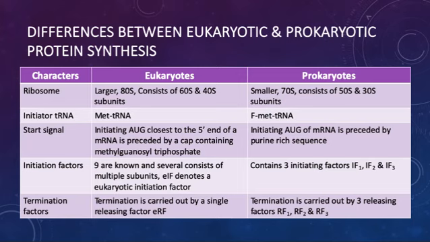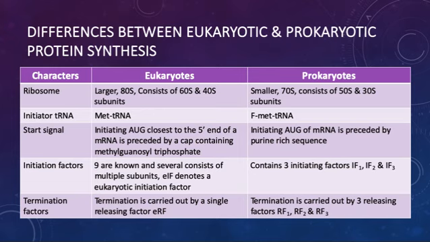So you'll have to write the definition of protein synthesis or translation, and then write the requirements for translation, and then write first the activation of the aminoacyl tRNA, and then write the steps of translation, that is initiation, elongation and termination.